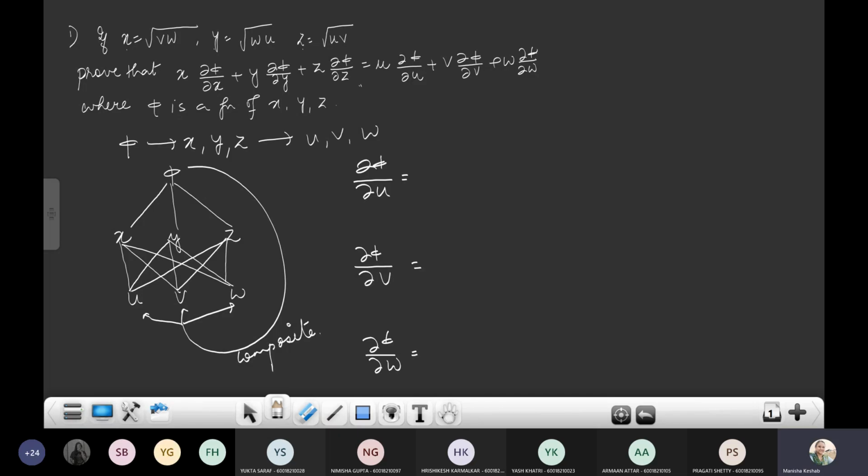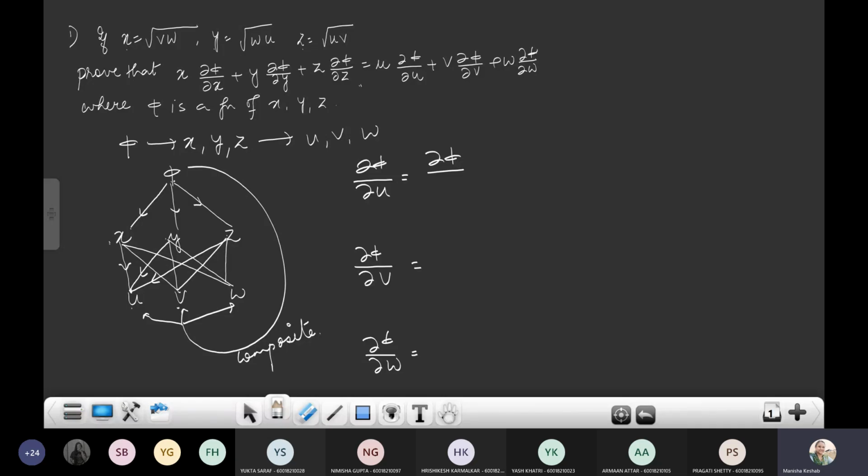So for del phi del u, to come to u, we have to use all possible paths that lead to u. So first we'll differentiate with respect to x, and here you can see phi is a function of x, y, z, so more than one variable. Similarly, x, y, z are functions of u, v, w, so more than one variable.